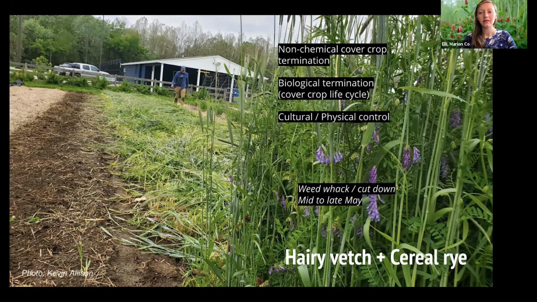When those crops are putting their energy into seed production, you can pretty effectively kill them by cutting them. However, the cereal rye has a tendency to sometimes want to come back, especially if it's not fully at that flowering period.